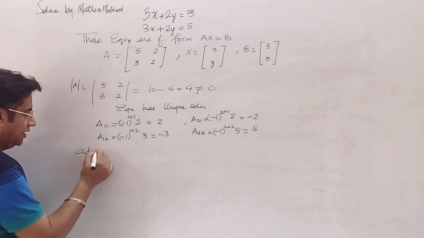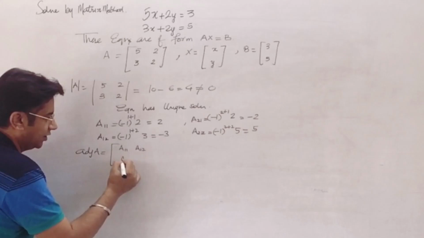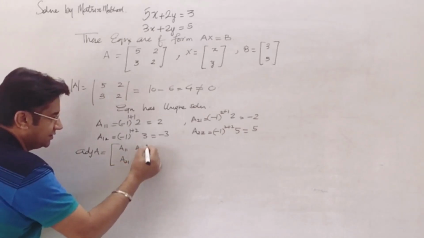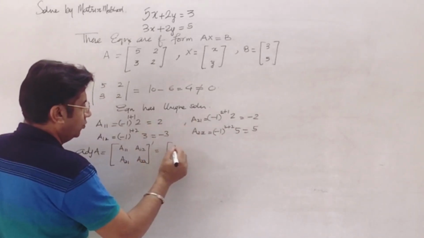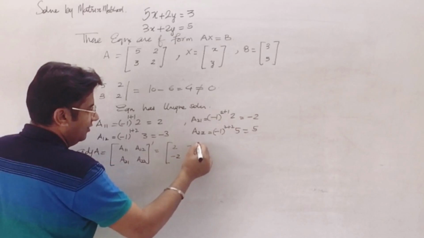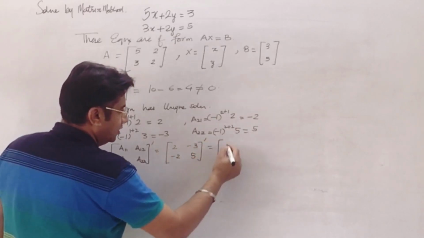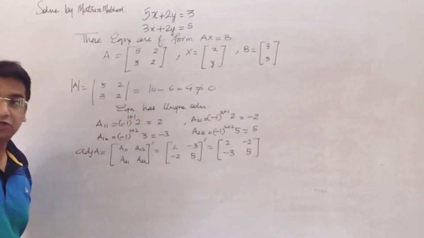What is adjoint A? It is the transpose of the cofactors. You will write the cofactors at the proper places and calculate the transpose. Now 2, minus 3, minus 2 and 5 whole transpose. You interchange rows and columns and here it is adjoint A.